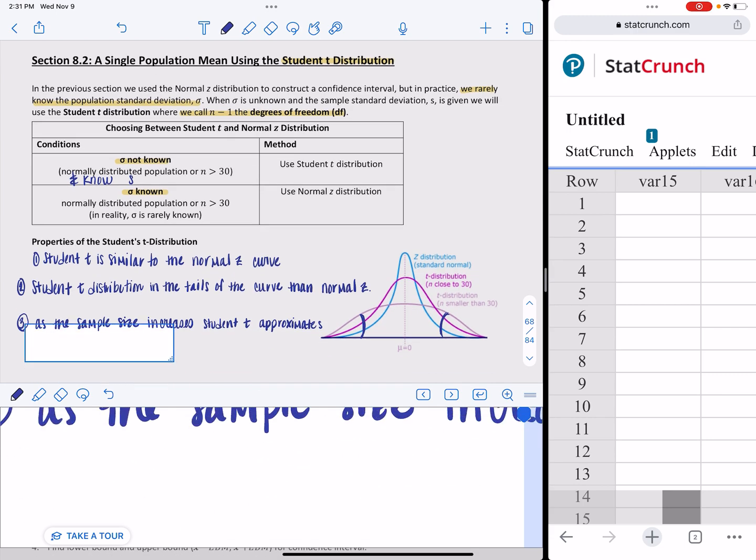So it approximates or approaches the normal z.